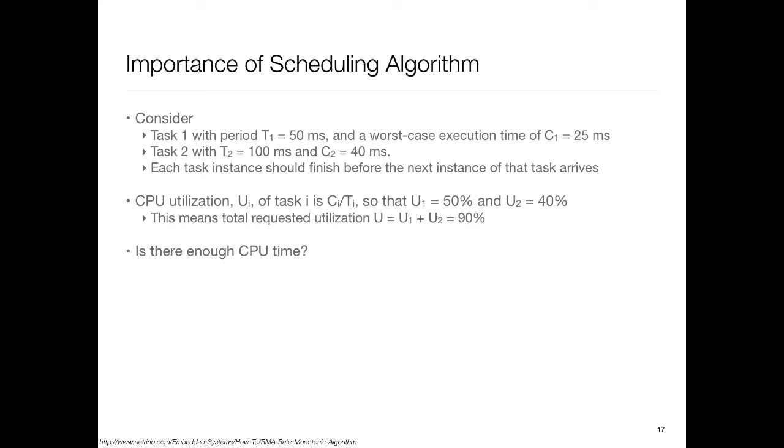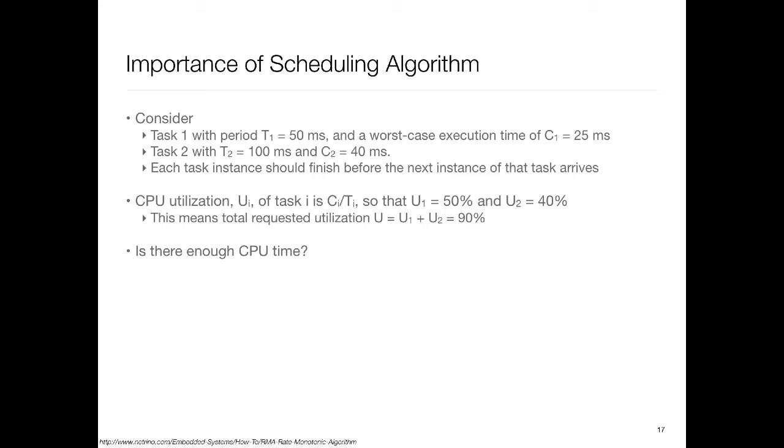What is the percentage of the CPU needed by the first task? Every 50 milliseconds it needs 25 milliseconds of CPU time, so its load is 50%, and the second task needs 40 milliseconds every 100 milliseconds, so its load is 40%. So collectively they need 90% of the CPU.